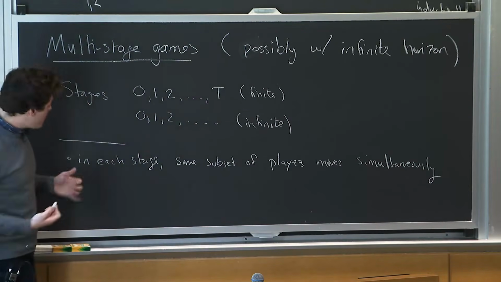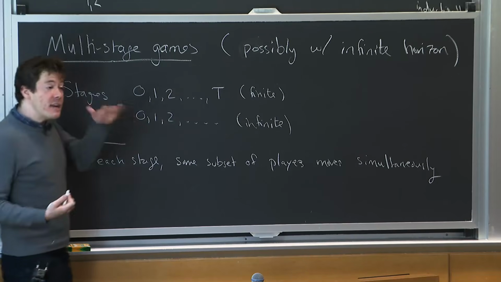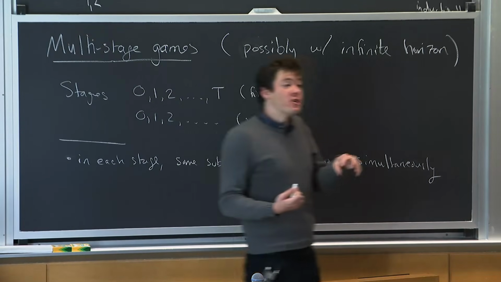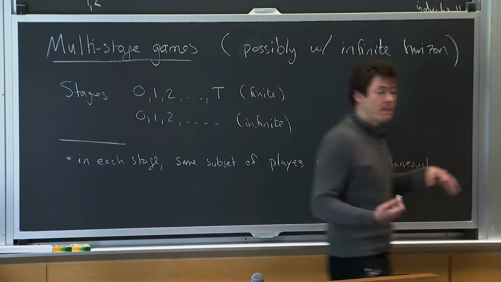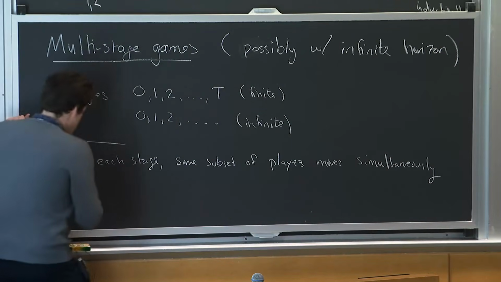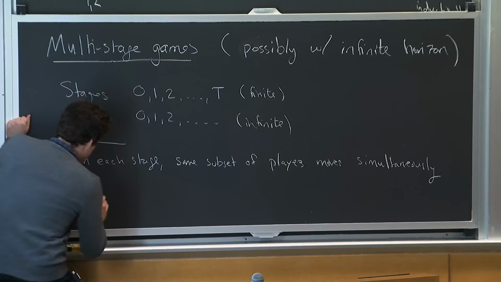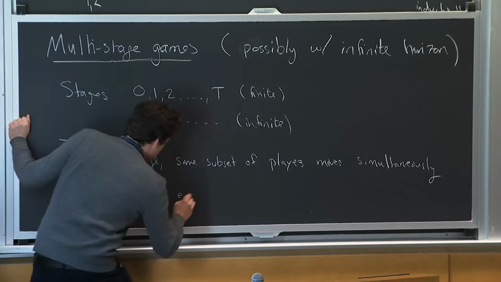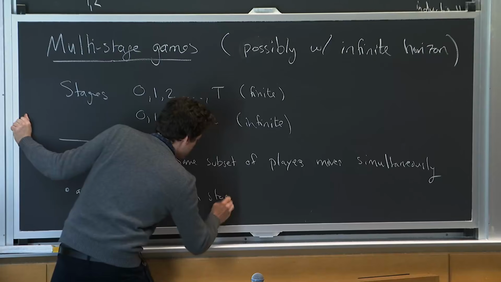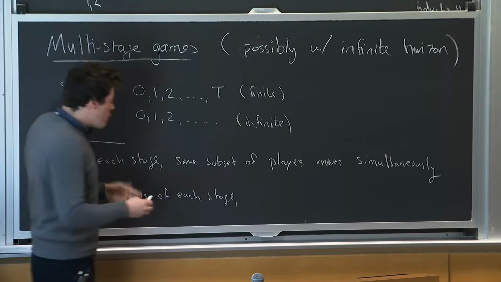And then the other key assumption is that at the beginning of each stage, everyone observes all the moves that were made prior to that stage. So at the beginning of each stage, all prior moves are observed.